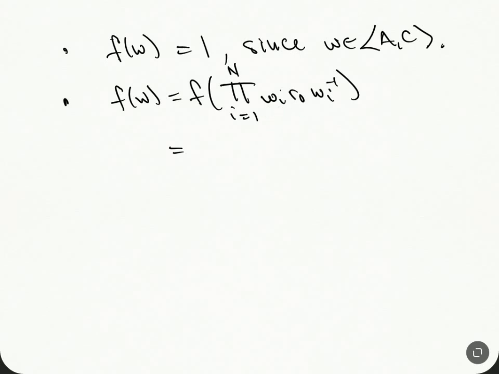So what happens to R_0? Now we have to write this as the product from i = 1 up to n of f of w_i. This guy becomes a single c, so this becomes c_r, and then we have f of w_i inverse, like so.